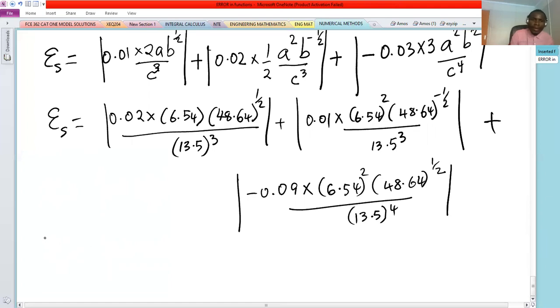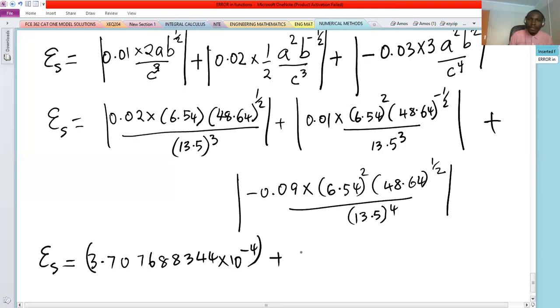So error in S will be, when you calculate the first term, we get 3.707688344 times 10 raised to negative 4. Confirm this value.